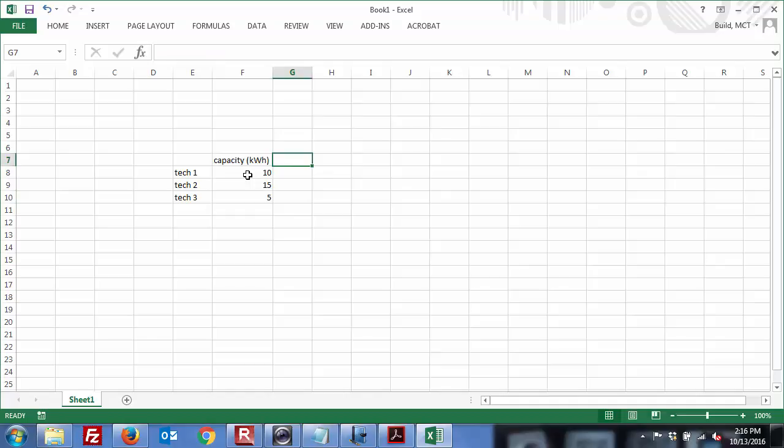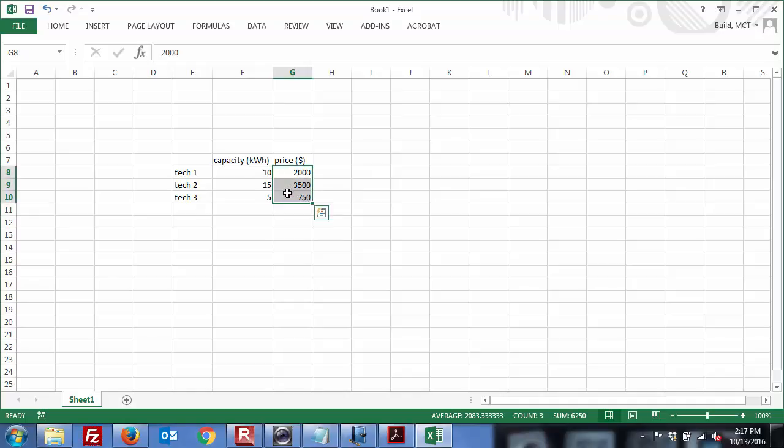And then let's look at a price, in dollars. Let's say this one's $2,000, this one is $3,500, and this one is $750. So I'm just making these up.